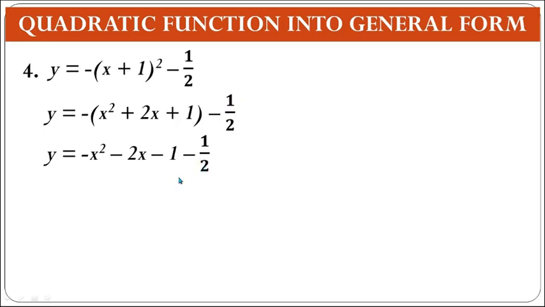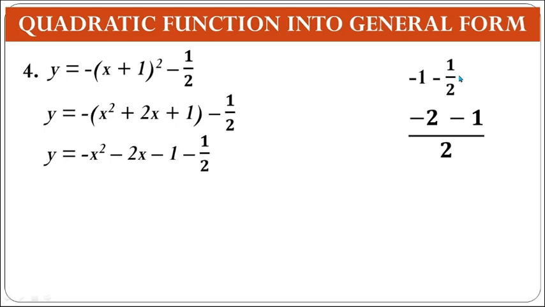Now we simplify negative 1 minus 1 half. It is a whole number and a fraction. First, get the LCD. The LCD of the denominator of 1 is 1. Then the LCD of 1 and 2 is 2. So, 2 divided by the denominator 1 is 2, times negative 1 is negative 2. 2 divided by 2 is 1, then times 1 is 1.